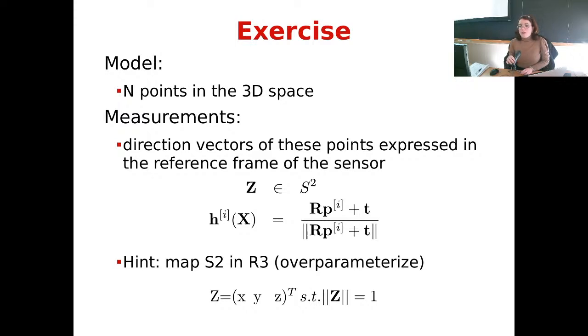Now, this is what happens for sensors like cameras. In the case of cameras, points are projected to a camera image, and then when we unproject them, we have a direction, not a point. So this is for saying that this problem is a real one.